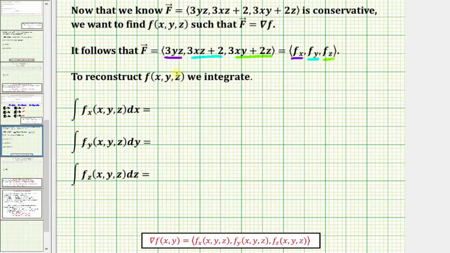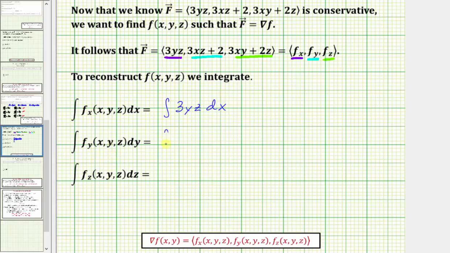Which means to reconstruct or determine the function little f of x, y, z, we integrate, and we'll integrate the x component with respect to x, the y component with respect to y, and the z component with respect to z. So this first integral would be the integral of 3yz integrated with respect to x.